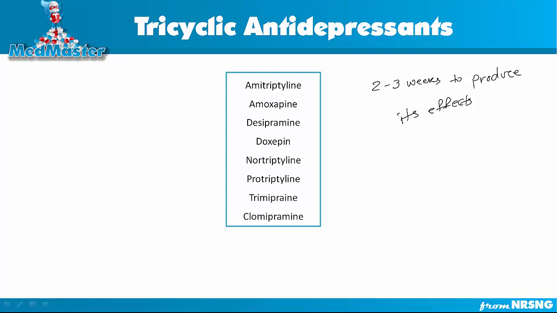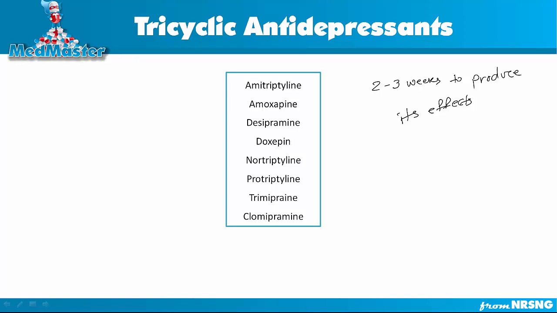This is really, really important for NCLEX, so make sure you remember that. You do not want to stop one today and start another one tomorrow. You wait at least 2 to 3 weeks in between. Otherwise, they'll have really bad side effects, because it will take 2 to 3 weeks for these medications to wear off, and once they wear off, you can start another one.